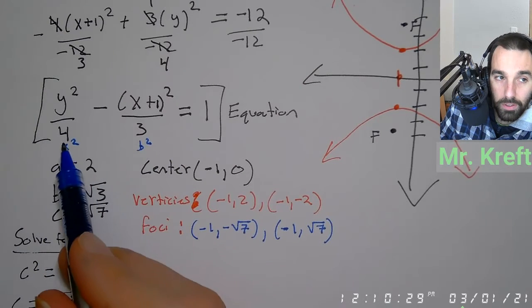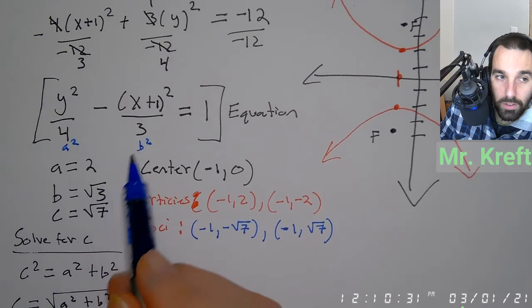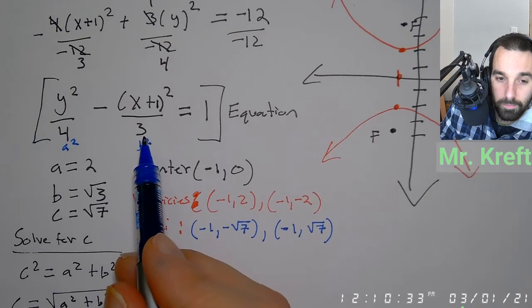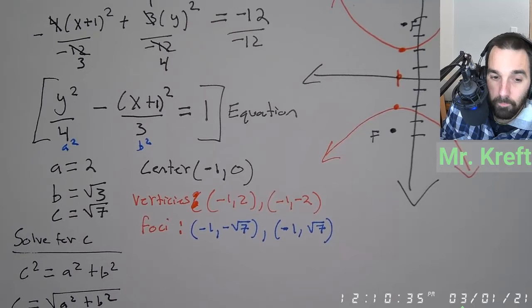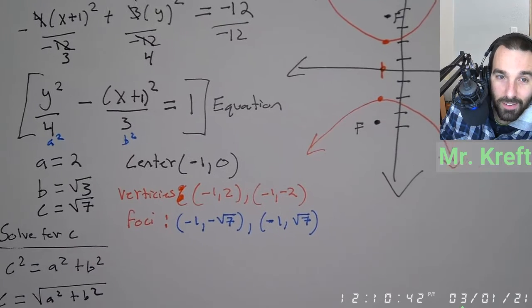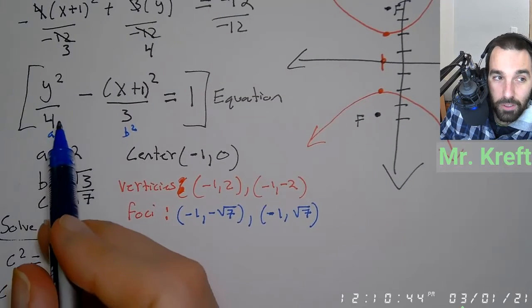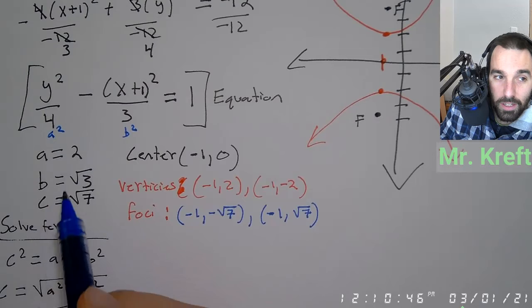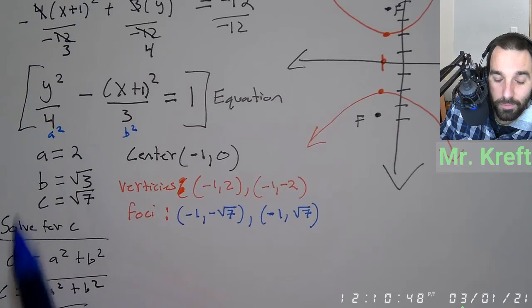So my a is 2, so 2 squared is 4, and root 3 squared is 3. I hope that makes sense. Thank you for trying to show that though. But yeah, just be careful here, right? Because this is a squared. So your a squared is 4, your a is 2.